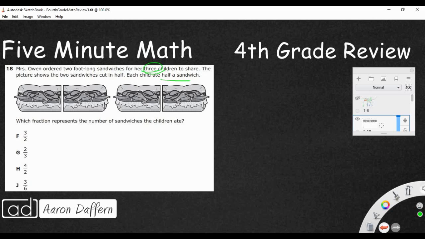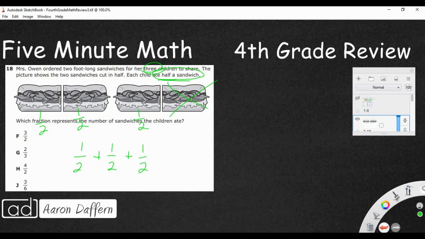So you've got half, you've got a half, and you've got a half. Now this is the tricky part here, is we're not eating this half because it says there are 3 kids, so I've got 3 chunks, each half, and each child only eats half a sandwich. Really what I'm wanting to know is, what is 1/2 plus 1/2 plus 1/2?